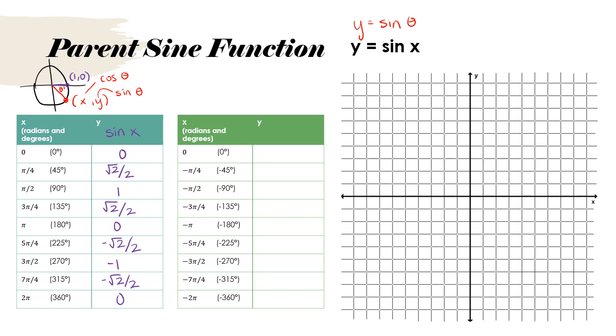Okay, so in this first table, what have I really covered here? I've gone from 0 degrees, or 0 radians, to 2 pi radians, or 360 degrees. This is one full rotation around my unit circle.